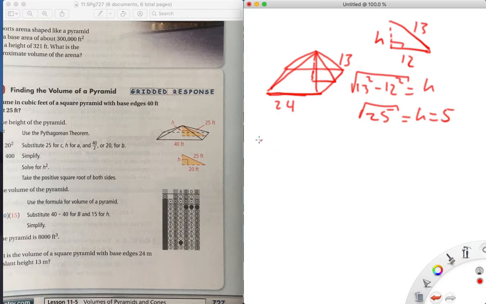So the height is 5. And then to find the base, it's just going to be 24 squared, which is 576.